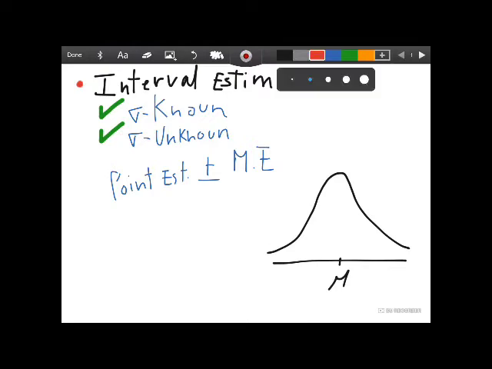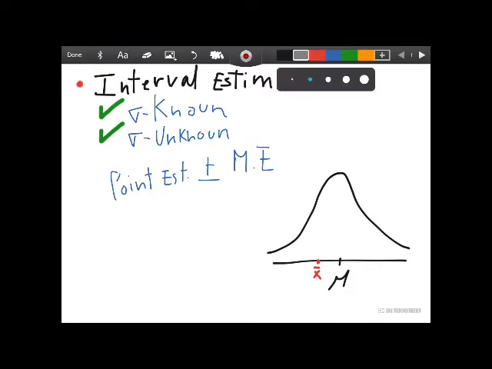Of course x bar is not necessarily mu, but it's close, let's say. So we're going to get a point, and that point is going to be called x bar. We would like that, with some probability, x bar is very close to mu.